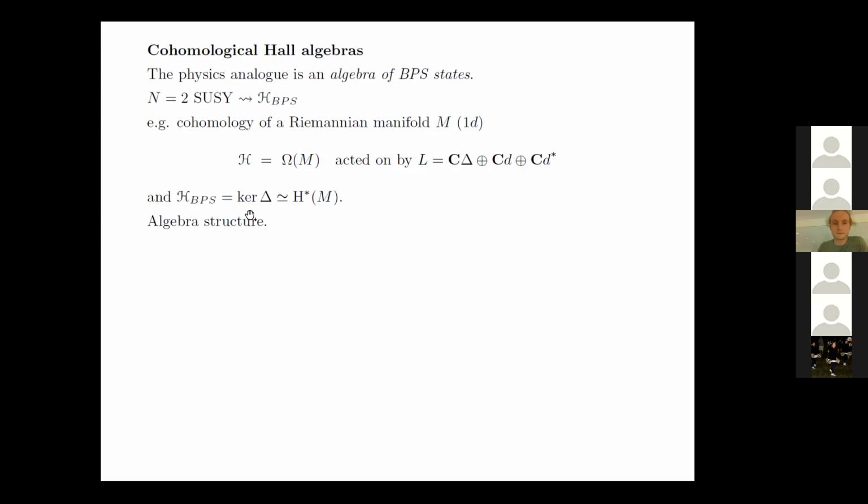Well, it depends on what you call 1D N equals 2. Except for Morse theory, you have nothing. You just have one supercharge and its conjugate. So I think it's roughly the definition of what is written. Okay, this is perhaps more motivation then, rather than literal.